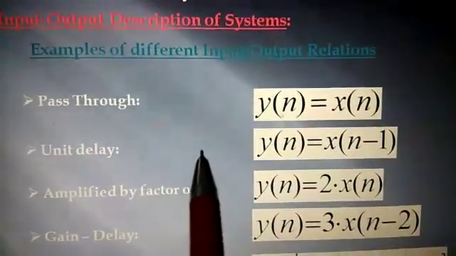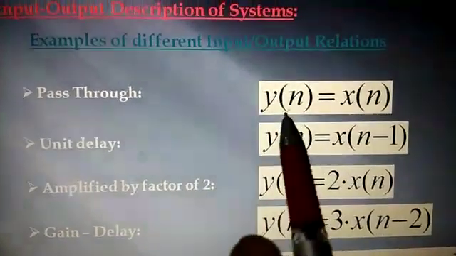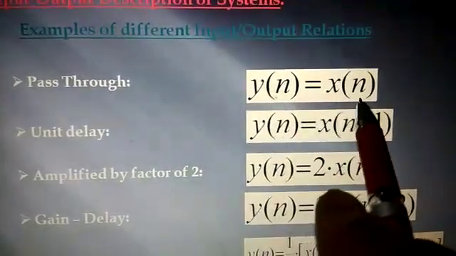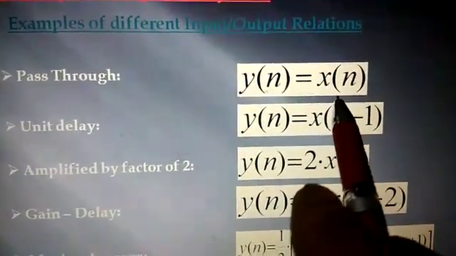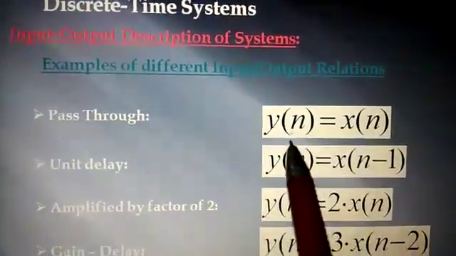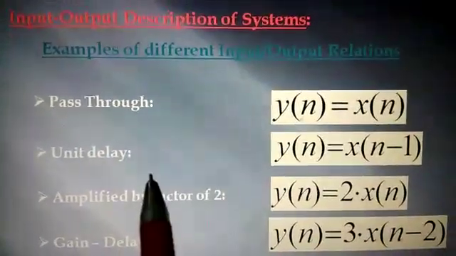For example, this is called the pass-through relation, where y of n is equal to x of n, output is equal to the input. Just like in our analog system, an all pass filter is there.